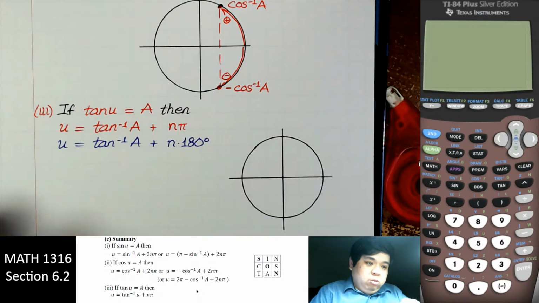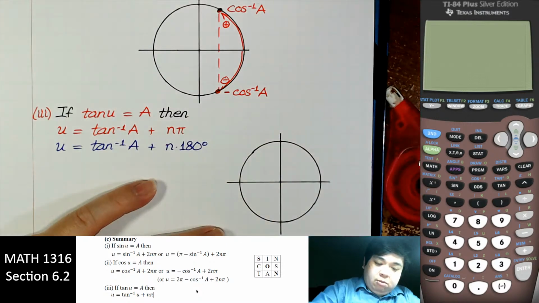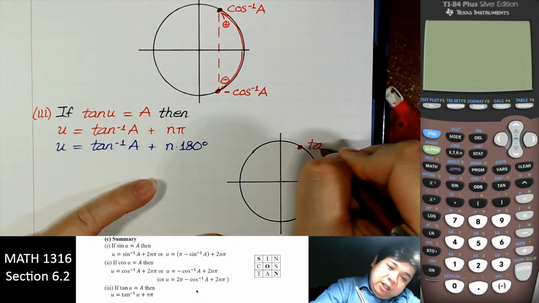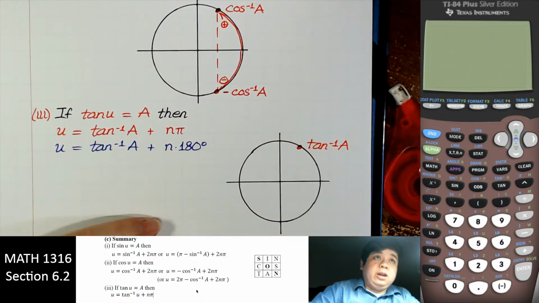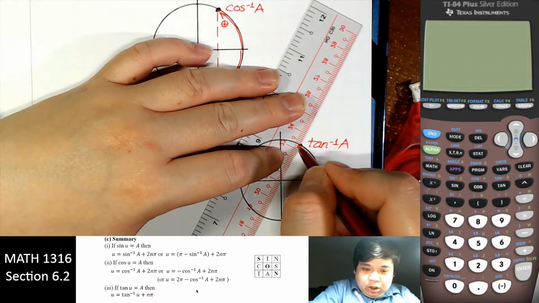Right. So cosine is opposite from the x-axis and tangent is opposite from the origin. So if we have a point here, a tangent inverse, then we have a point that is across from the origin.